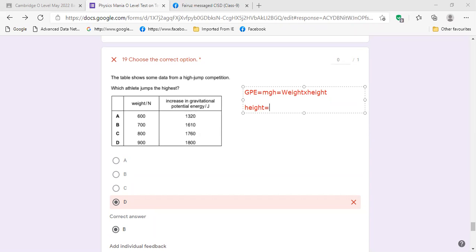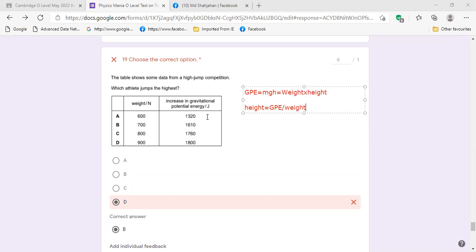Now you can find the height for all of them.